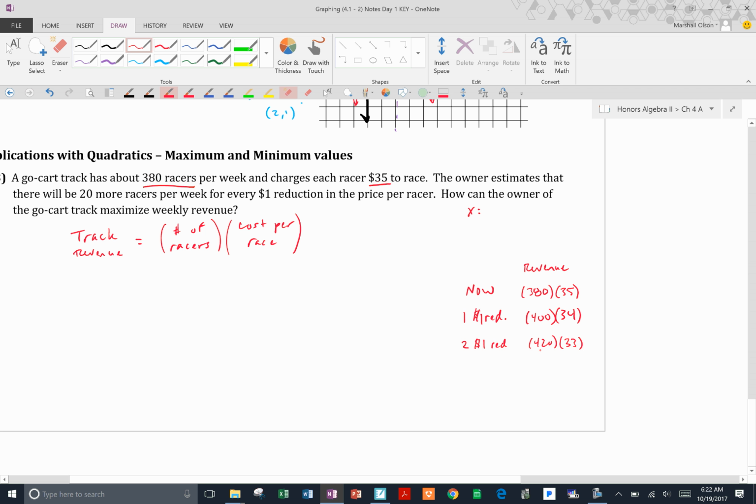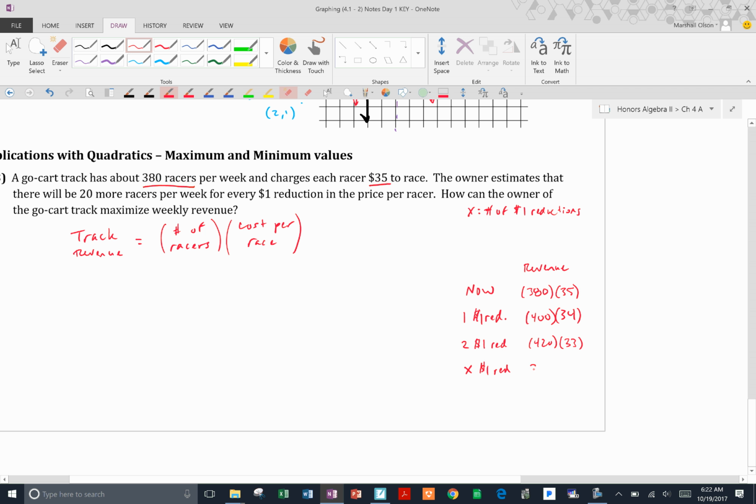So now let's use the value X to stand for the number of $1 reductions. So I'll just put an X right here. We'll have X $1 reductions. So what we're doing every time is we're adding 20 for every reduction.